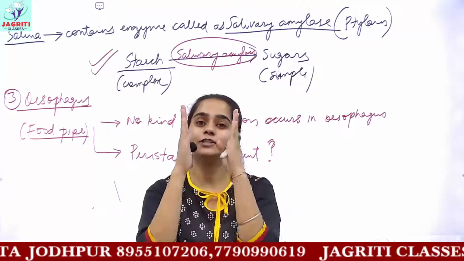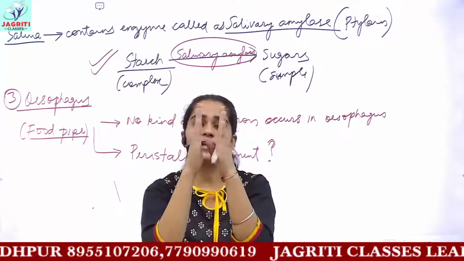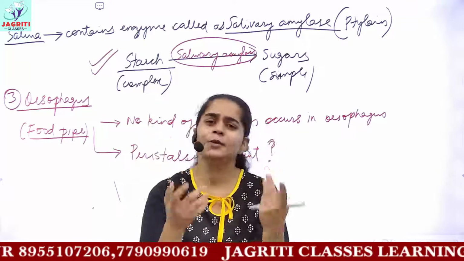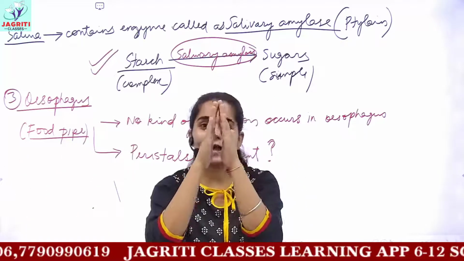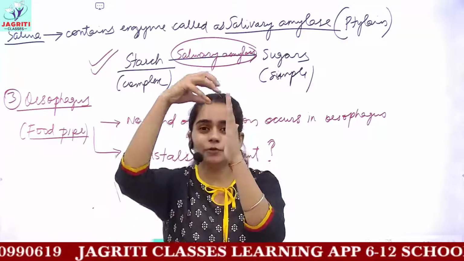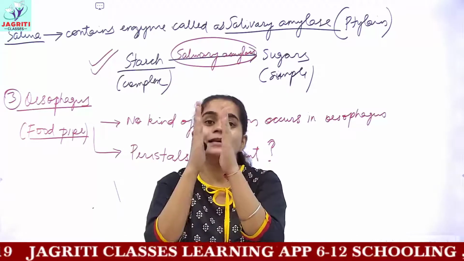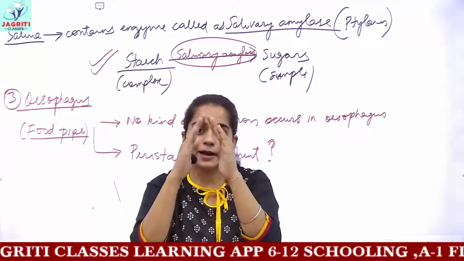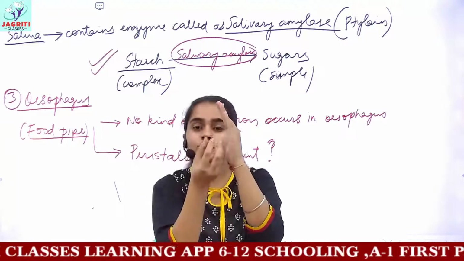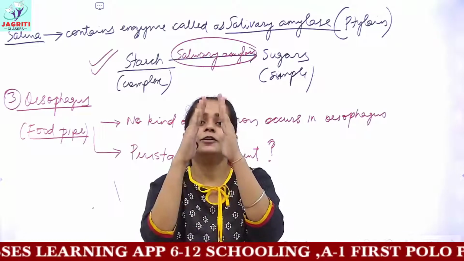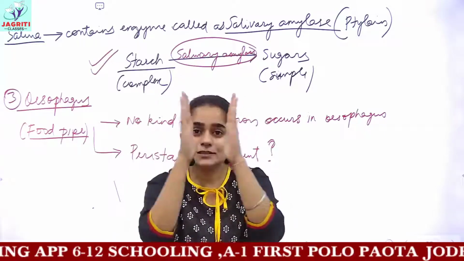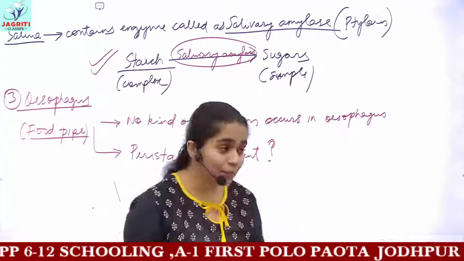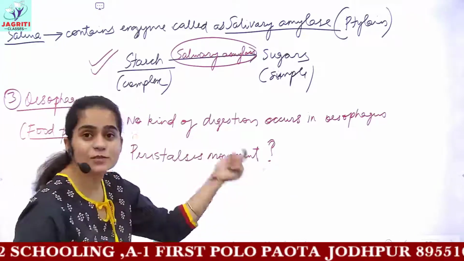Because it is made up of muscles, it undergoes contraction and relaxation. When the food is present in the esophagus, it contracts from the above part and relaxes, so the food is pushed down. This contraction and relaxation movement is called peristalsis movement.